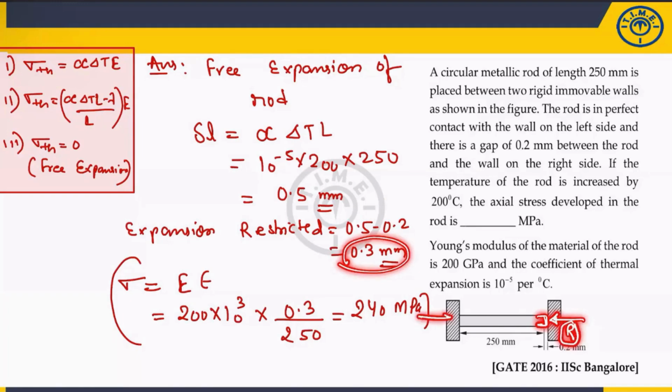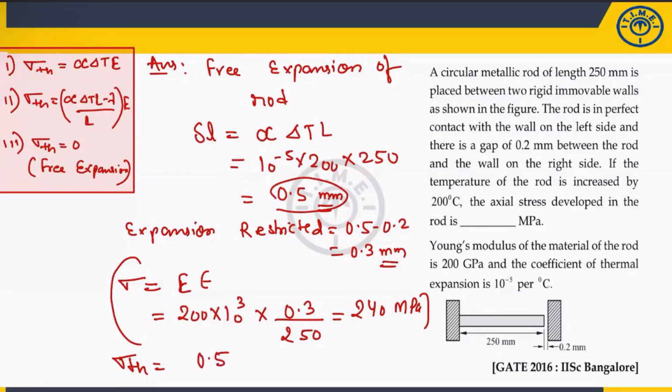Because of this reaction, it becomes the second case, which uses this particular formula. So the thermal stress: you have calculated alpha delta TL as 0.5. What is the lambda value? Lambda is 0.2 divided by the length 250, into E. What is the E value? 200 gigapascal, means 200 into 10 to the power of 3. Once you solve, you will get 240 megapascal.